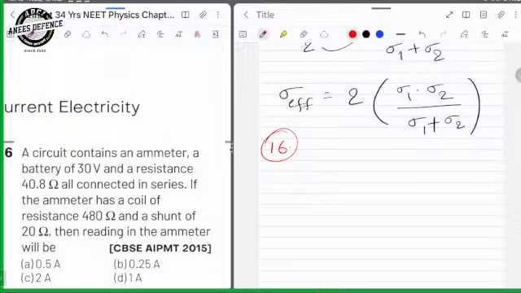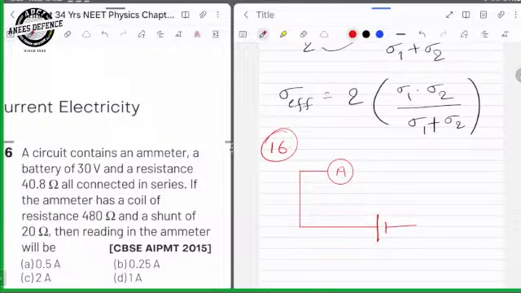First, draw the circuit. A circuit containing an ammeter, a battery, and a resistance. So, ammeter. Any doubt? Battery.